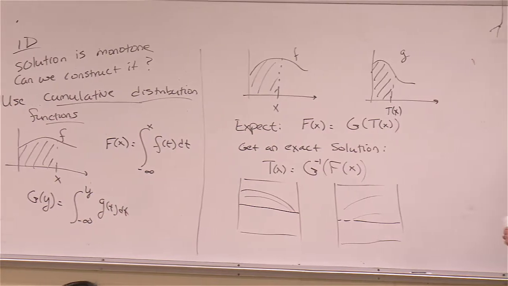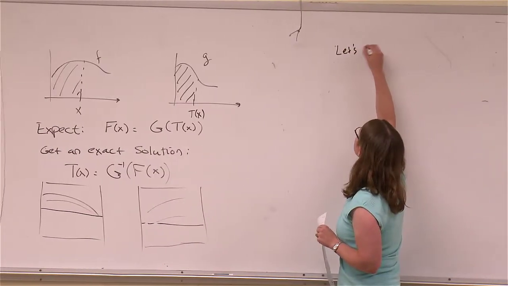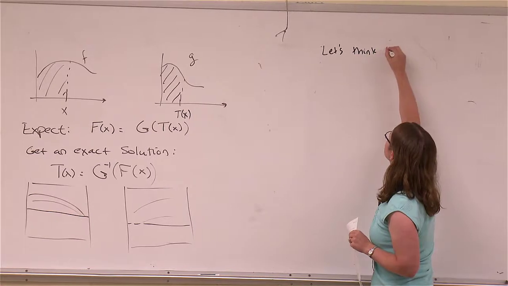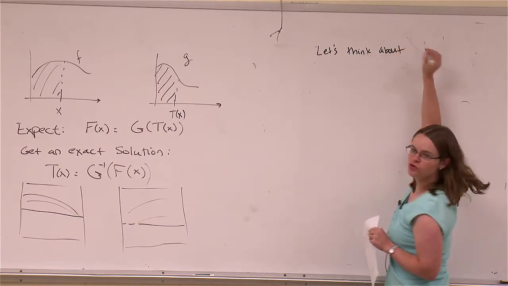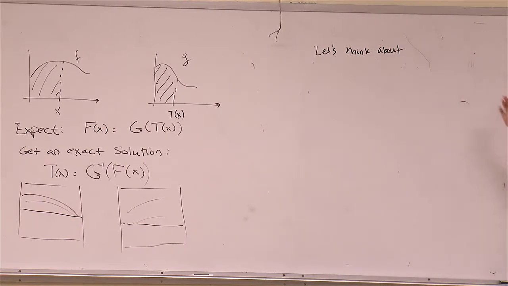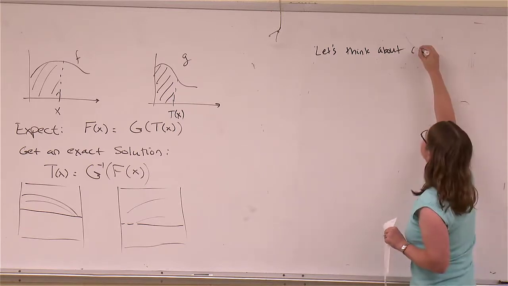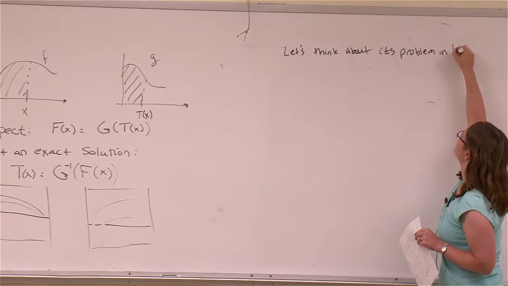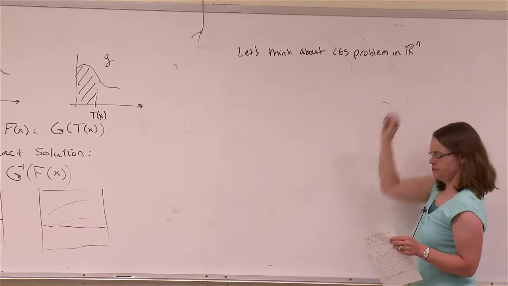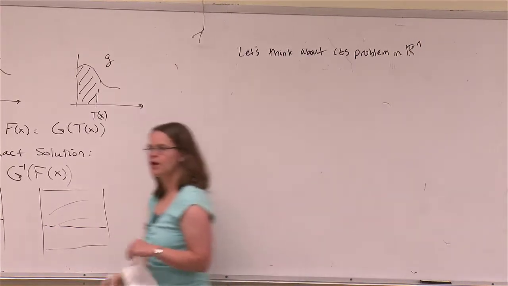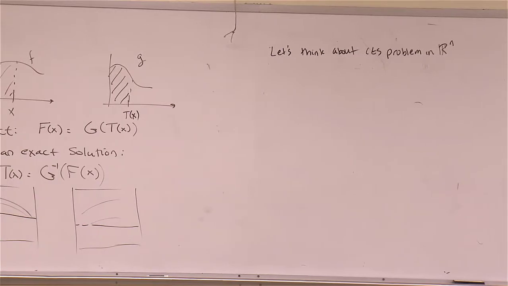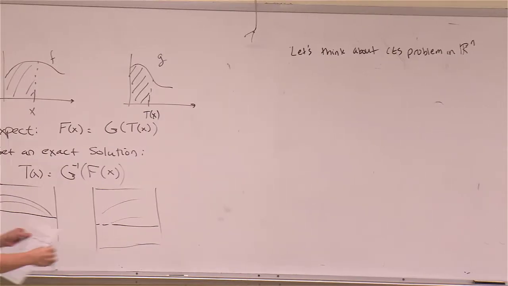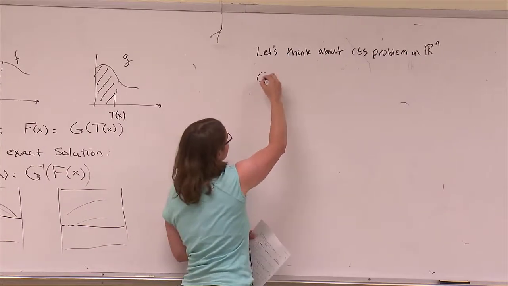Okay, so let's move on to the continuous problem. By the continuous problem, I mean we have density functions. So the continuous problem in Rn. Okay, again, I'm going to do quadratic cost. So what's our goal?